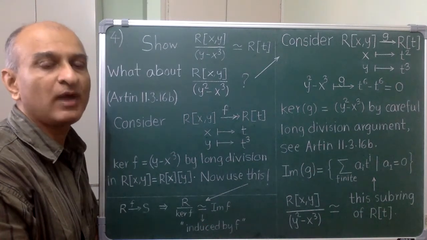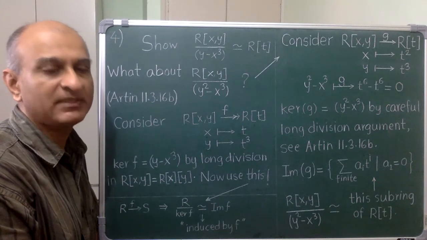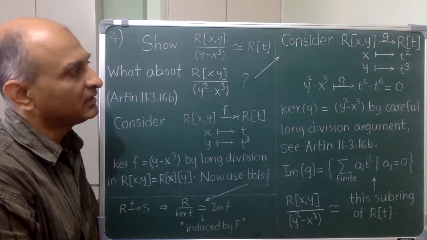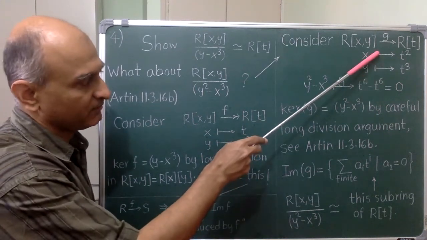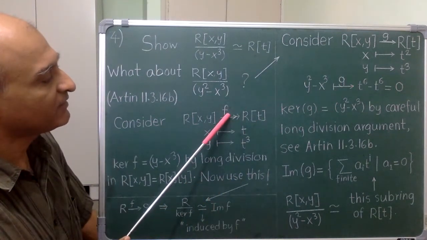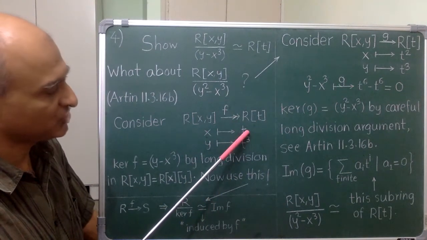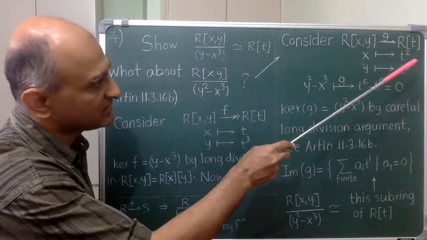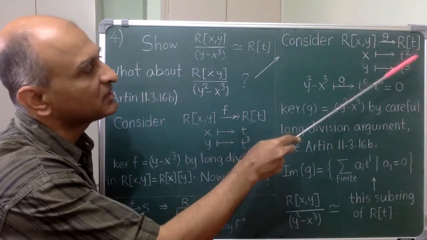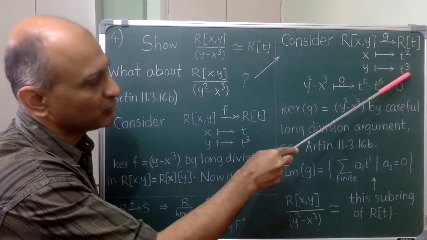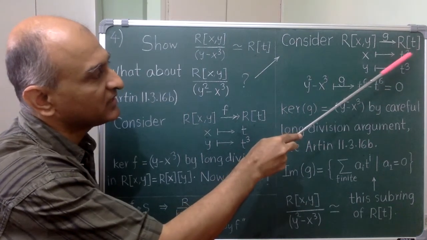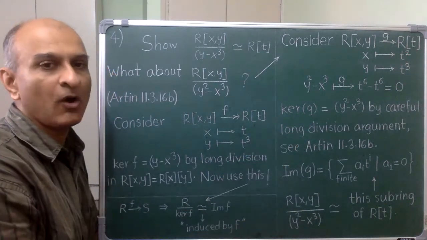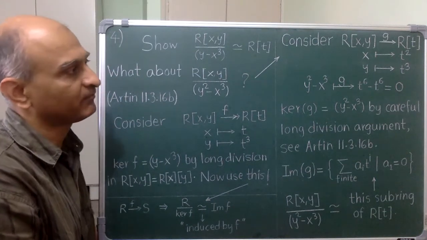Next, I have to identify the image of the map that I have defined. The map is not surjective, unlike the map F, which had T itself in the image. The image of G is generated, as a subring, by constants, T square and T cube. Constants and T square give me all even degree monomials.